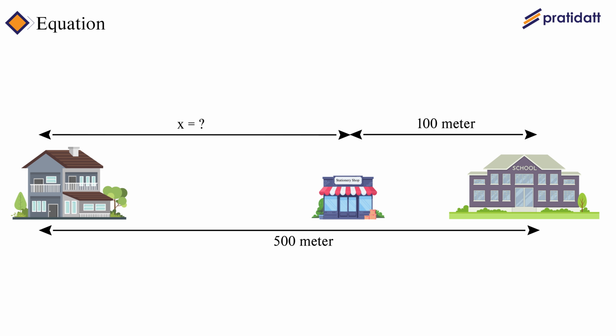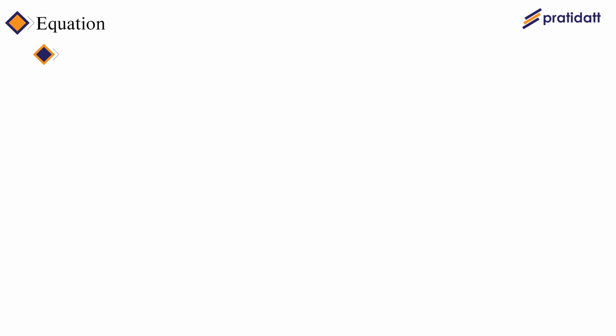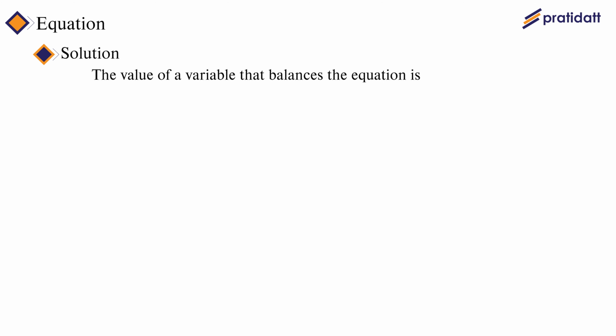In our scenario, a variable x is an unknown distance between the home and the stationery shop. The next point is related to the solution of an equation. The value of a variable that balances the equation is called the solution to the equation. Now we will understand the complete form of an equation, and then we will try to solve the equation.